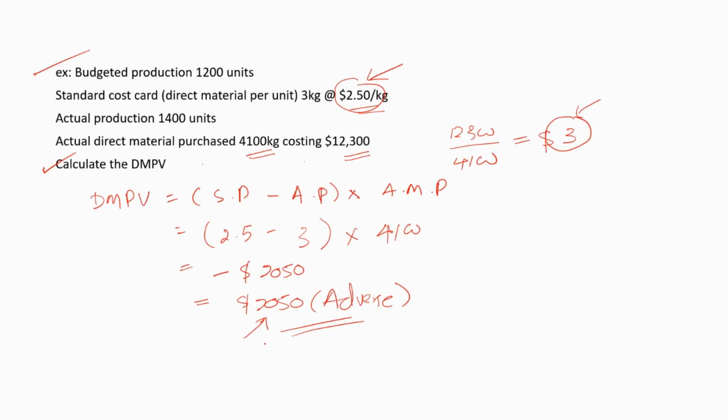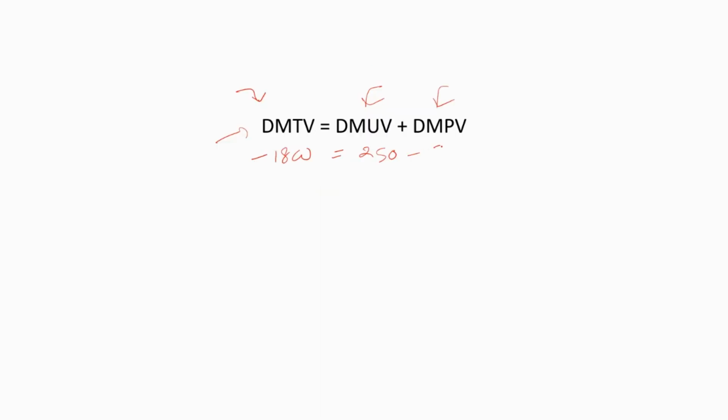Direct material price variance is $2050. This is an adverse value. So this side is negative 1800. This side is also negative 1800.